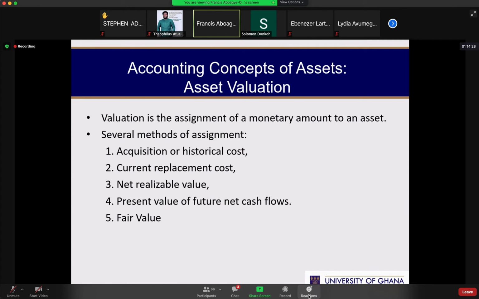What should be the basis of valuing the stock for their inclusion in the statement of financial position?